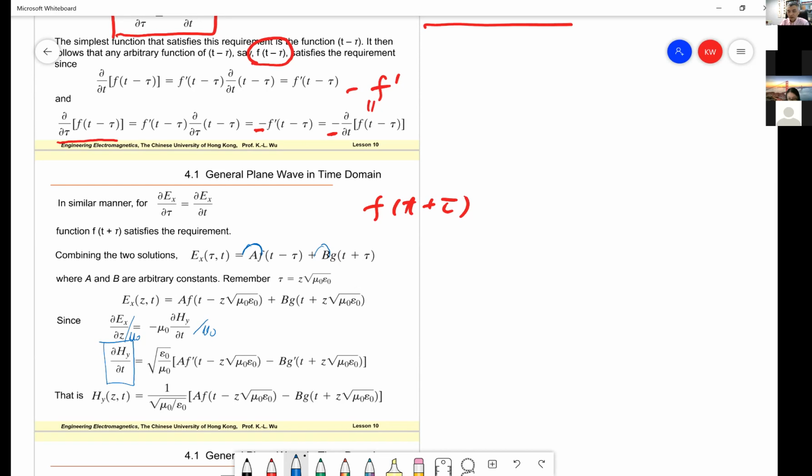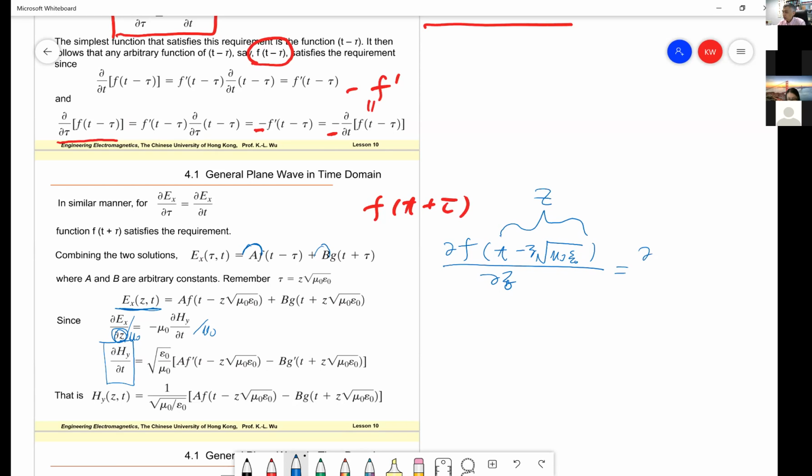We need to take a derivative of the electrical field with respect to Z. So how do we take the derivative of f, which is a function of Z, partial Z? Again, this I call capital Z.